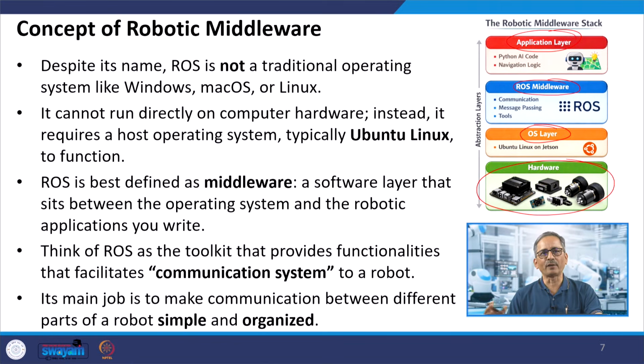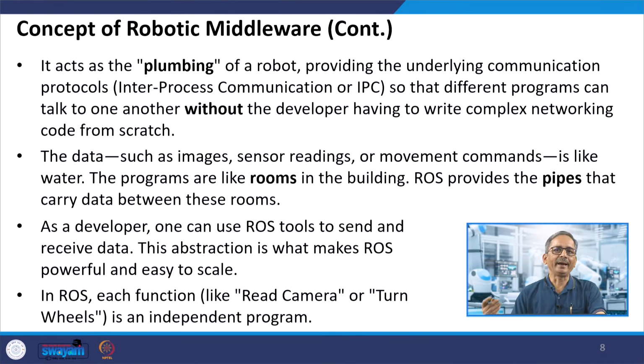Think of ROS as the toolkit that provides functionalities that facilitate the communication system of a robot, and its main job is to make communication between different parts of a robot simple and organized. It acts as the plumbing of a robot, providing the communication protocol so that different programs can talk to one another, without the developer having to write complex networking code from scratch.